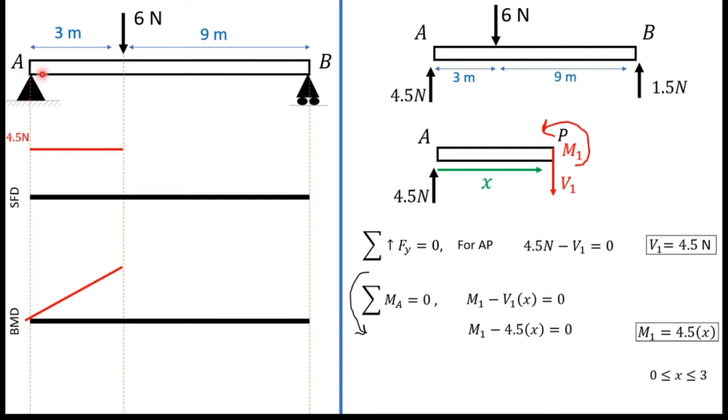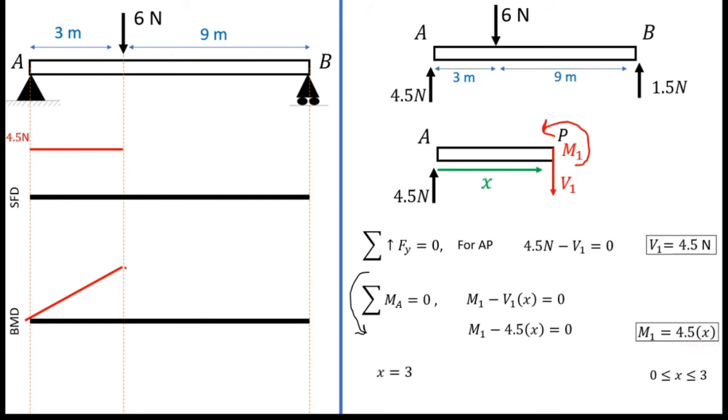These lengths are given. This length is 3 meters and this length is 3 meters as well. So now I have to find the value of this point. For that I can use this function, M1 equals 4.5X.